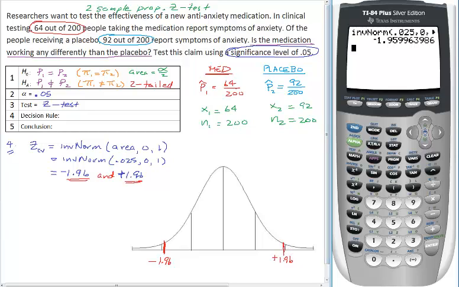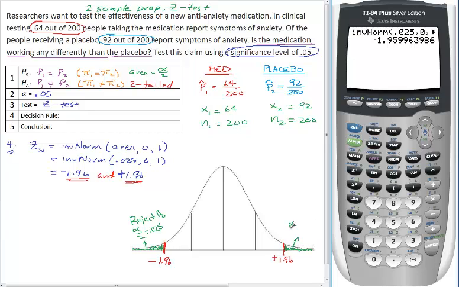Now what does that mean? Again, it means this area, a little bit of area in here, from here down, is alpha over 2, which is 0.025, and this of course is going to be the reject region for the null hypothesis. Because remember what alpha is. Alpha is the probability of rejecting the null hypothesis even though it may be true. And here we go.